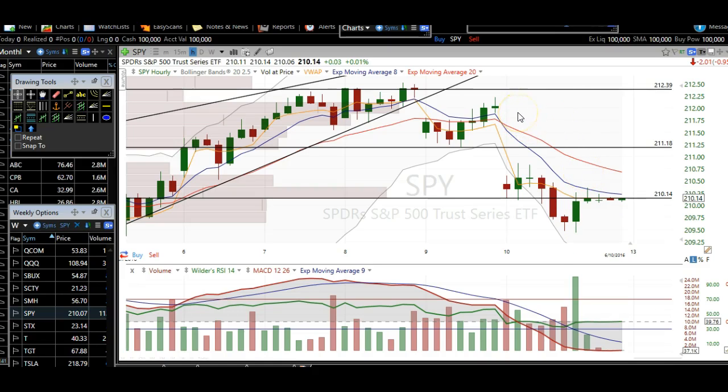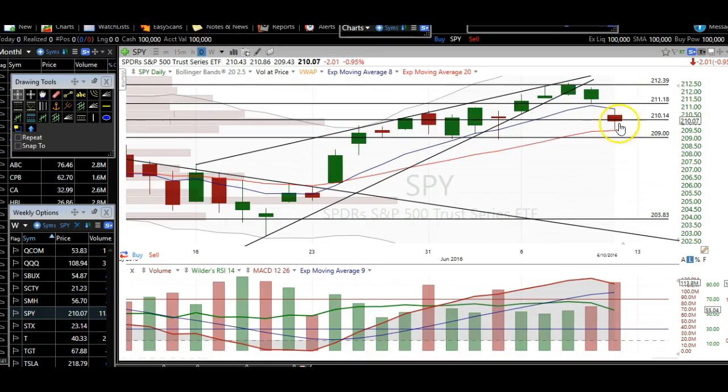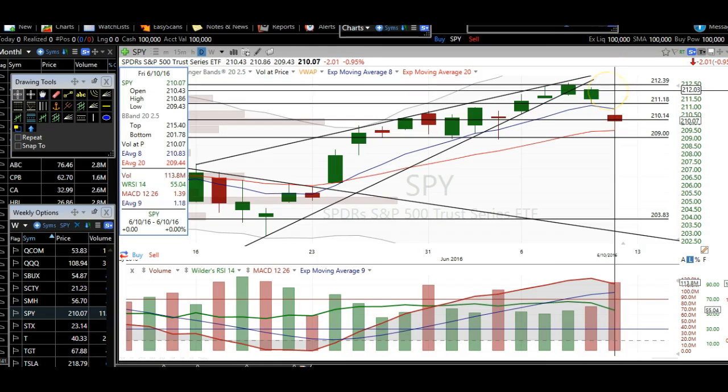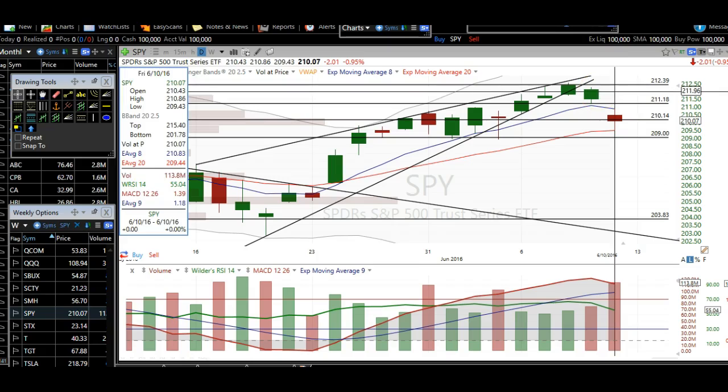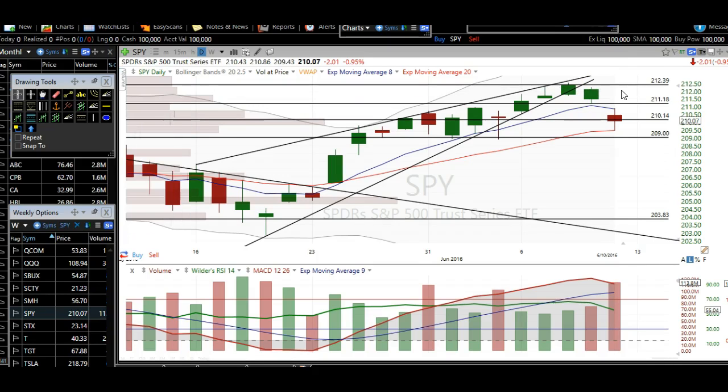But more importantly, how I would personally play this is short it on a gap fill up here near 212. We've got this gap that still needs to fill. If we get a bounce, I think it's safe to say that shorting in the 212 to 212.40 range is a great risk reward.